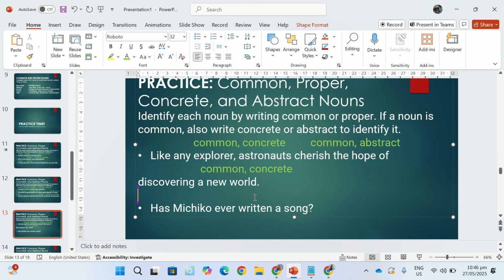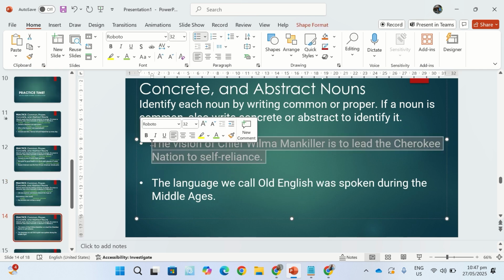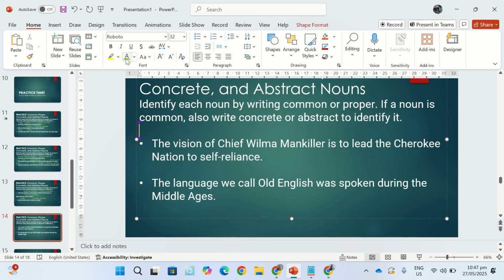Has Michiko ever written a song? Michiko is a name, so it's a proper noun, and song is common and concrete, concrete because we can hear it. Another, vision. What is vision?